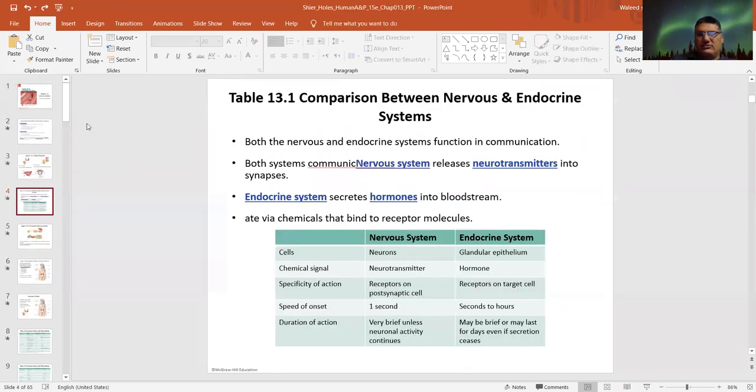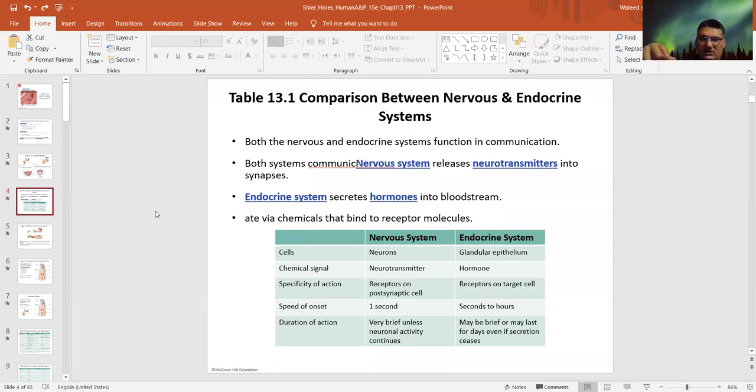The nervous system is fast acting, like when you touch something and you remove your hand right away. If you see somebody attacking you, immediately your sympathetic nervous system is going to kick in, and you will see your heart racing, and your respiratory rate goes up. You speed up your respiration and so on. This is an immediate effect. This is the nervous system.